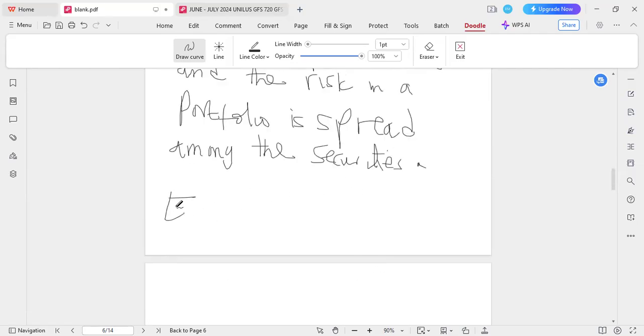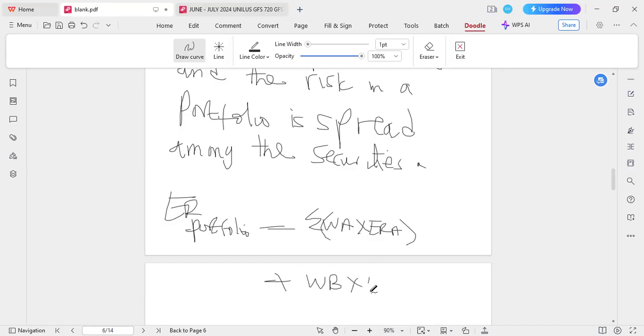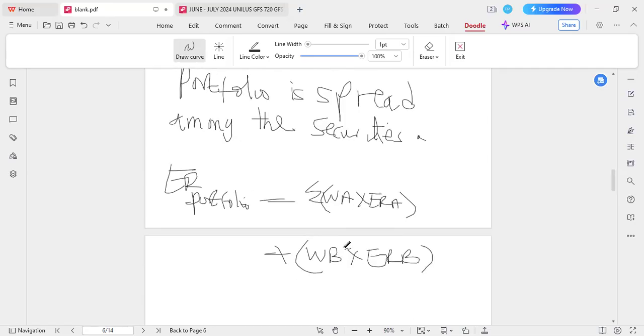So expected return of a portfolio is actually equal to the summation of weight of A multiplied by expected return of A, plus weight of B multiplied by expected return of B. So this is about a portfolio.